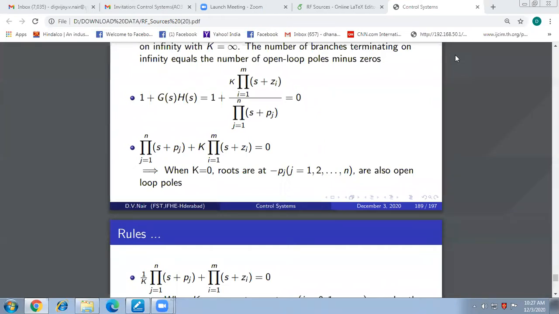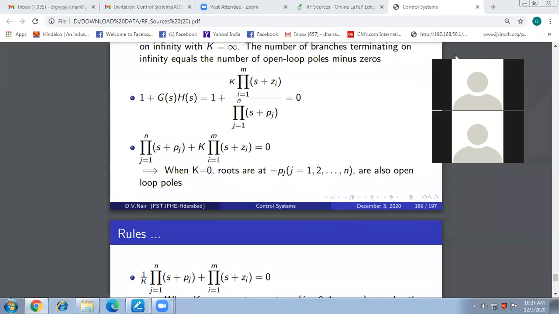And this plot is obtained by varying one of the system gains for its full range from 0 to infinity. Normally we choose the open loop gain K as the parameter. When we vary it from 0 to infinity, what are all the possible locations of the closed loop poles?